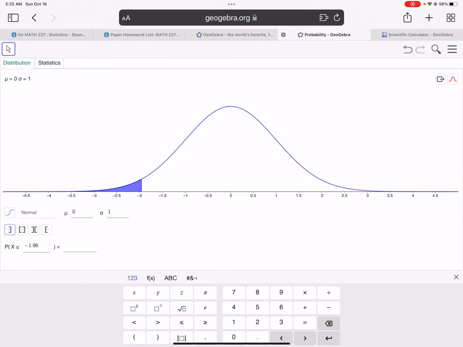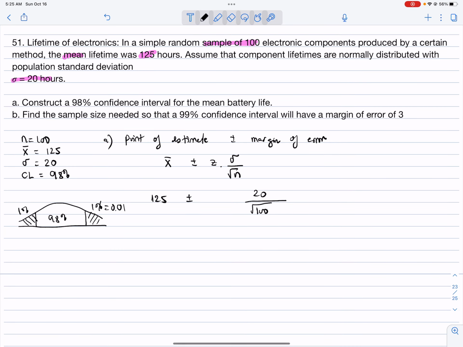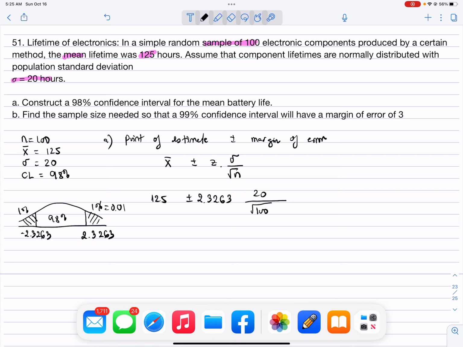So I go to the GeoGebra, I enter right here, I use the left side 0.01 and I got negative 2.3263. Now copy the other side, we got the positive number, 2.3263, and you put the whole thing in the GeoGebra calculator.